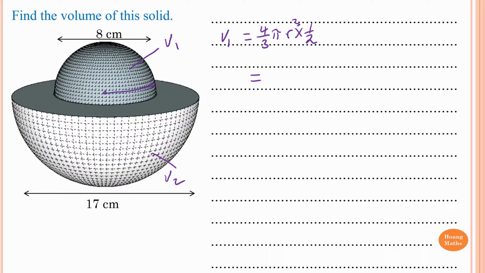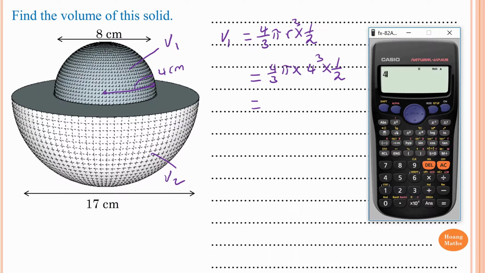This from here to here is half of 8, which is 4 centimeters. So which is 4 over 3 pi times by r cubed, which is 4 power 3, and you times this by a half. So now I just put that in a calculator. So that is 4 over 3 times shift pi times 4 cubed and then times 1 over 2 or divide by 2 if you like.